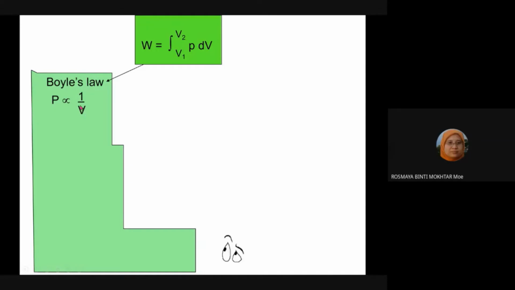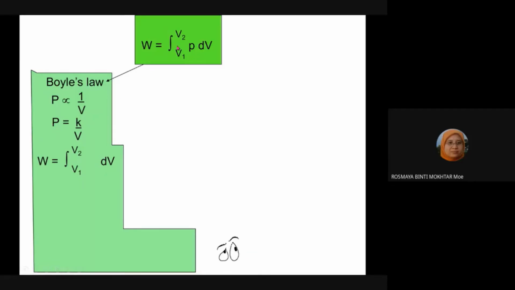So P is inversely proportional to V. When we put equals, we put a constant: P equals K per V. Remember the Form 5 topic, variation in maths. If you put equals, you must put a constant. The constant, let's name it K. This is the mathematics rule.